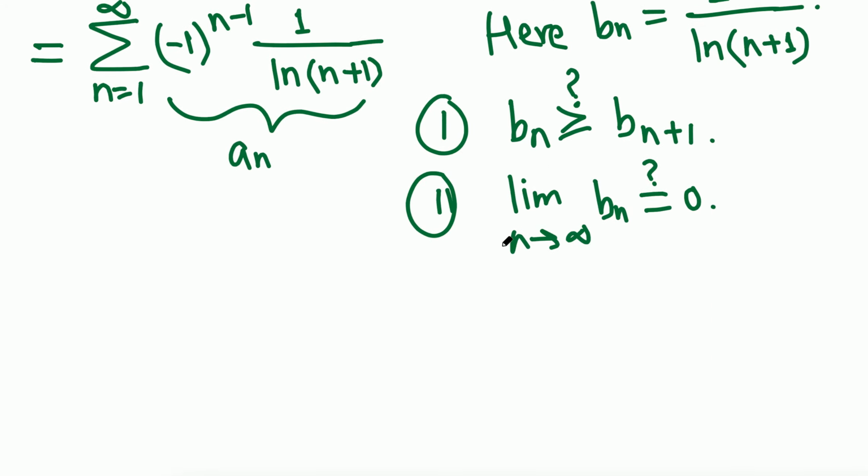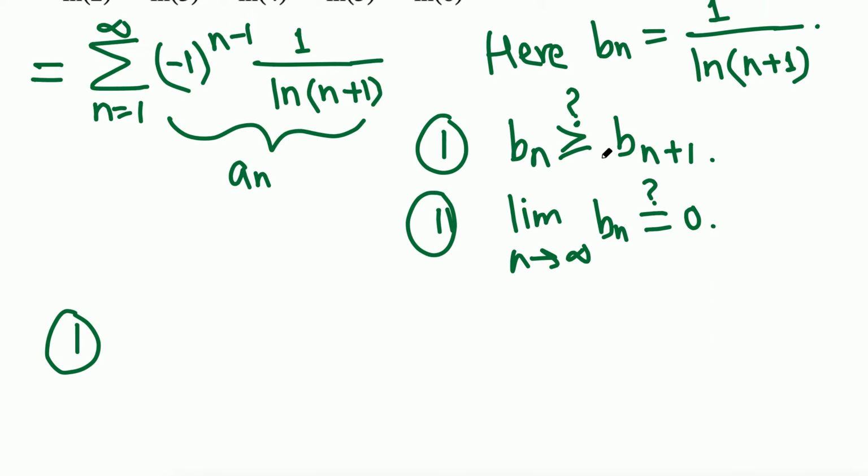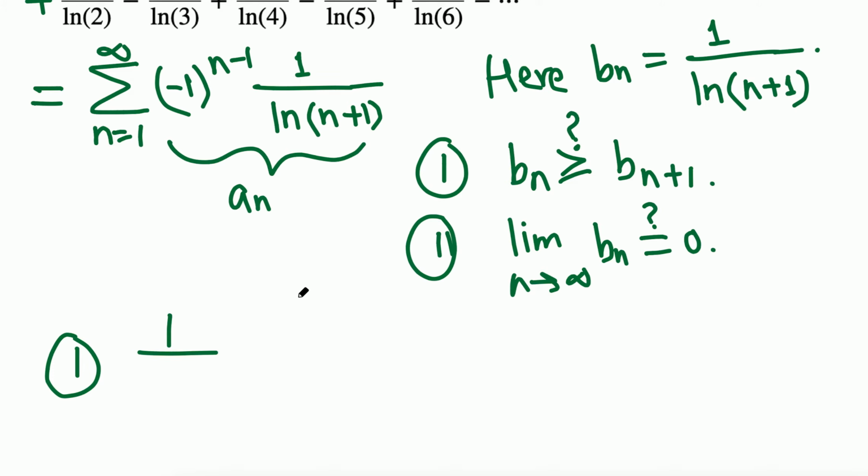So let me write formally here. The first bn is 1 over ln of n plus 1. We want to see if the next term, where n is now n plus 1, meaning n plus 2, is smaller.